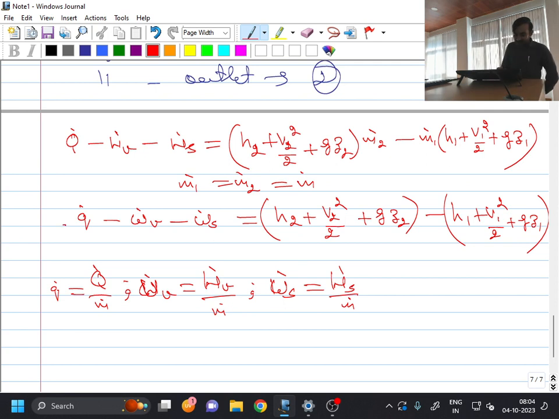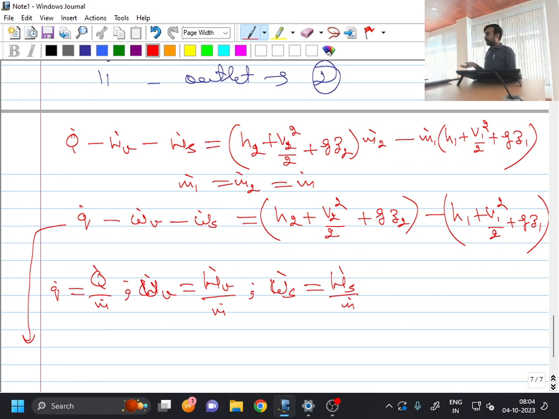Now I will once again play with this equation. I will divide this equation throughout by G, and also I will write the enthalpy term separately as internal energy plus flow work.